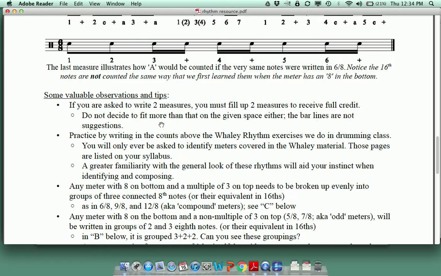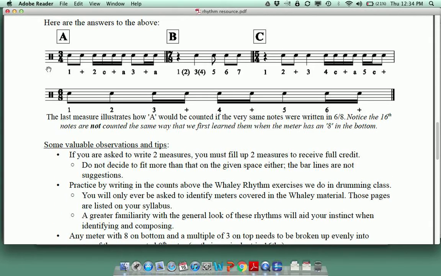It's not appropriate. So I'm not going to do that, but I do have to either go thumbs up or thumbs down. So if you are giving an answer, for example, these are 3 measures. I would need to see 3 different measures of rhythm.